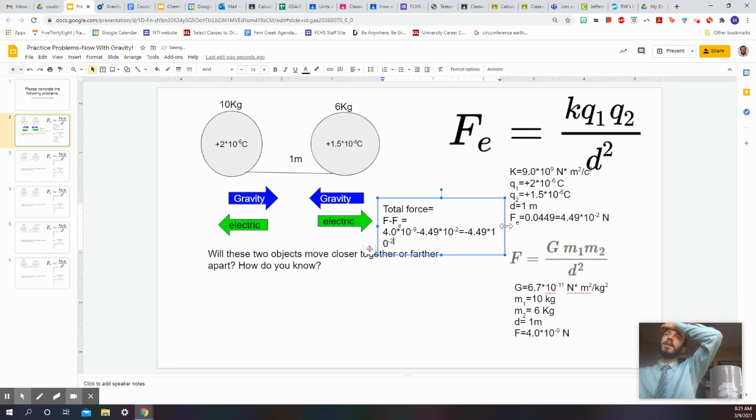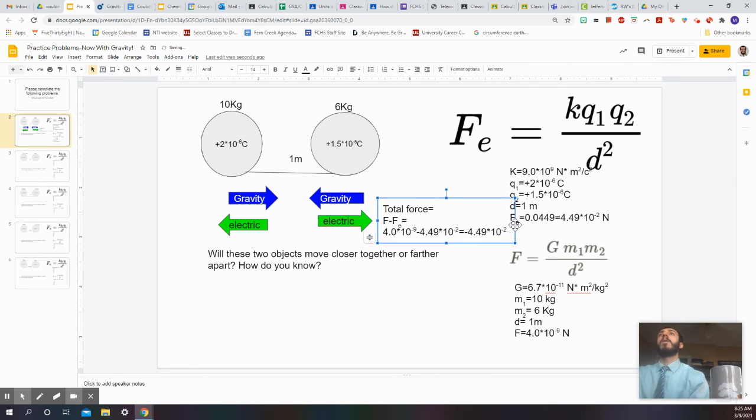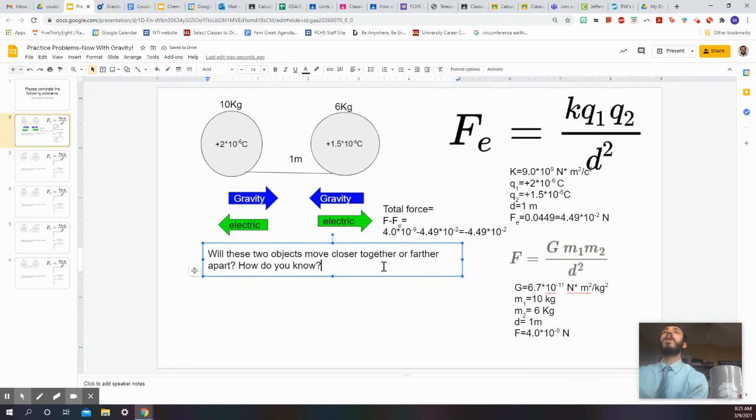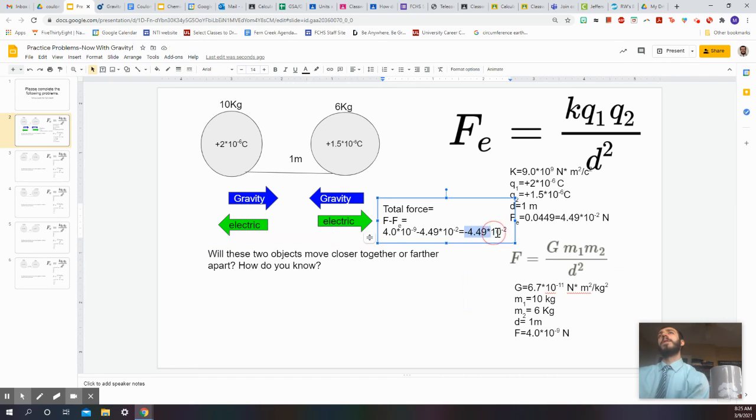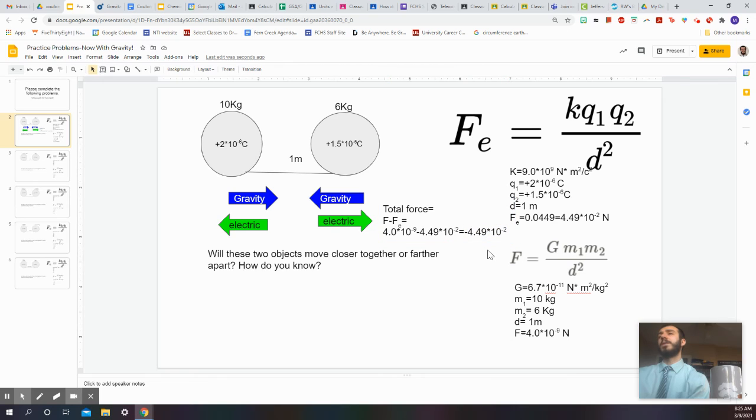And then the last thing you have to answer here is, will these two objects move closer together or farther apart? That's what we care about. That's what we're working on. So this is their total amount of force, right? There's the total force. But which direction is it going?